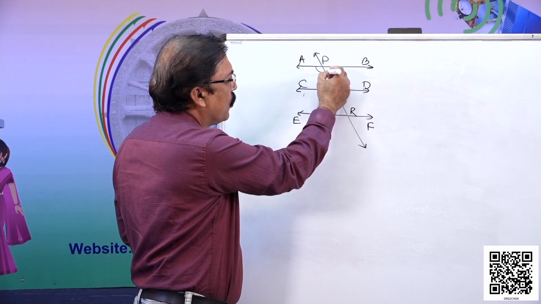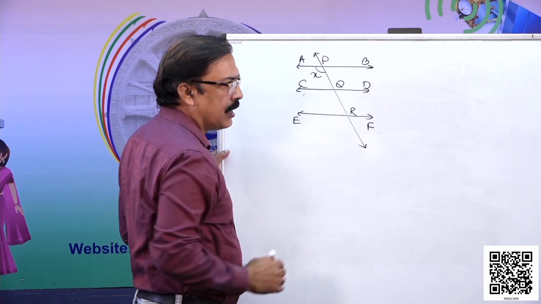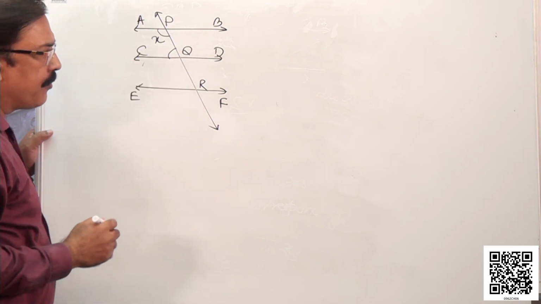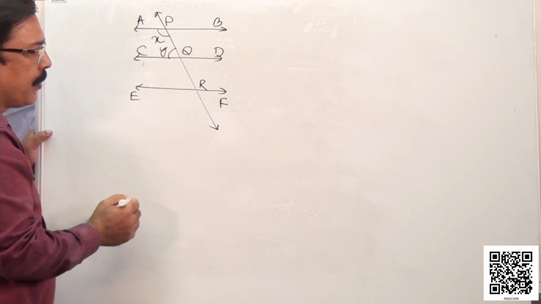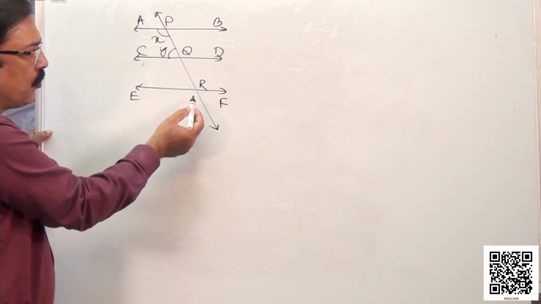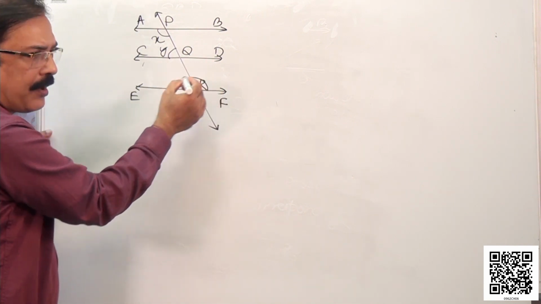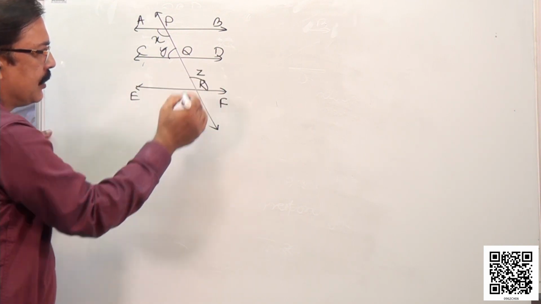Angle APQ is named as X, angle PQC is named as Y, and angle QRF is named as Z.